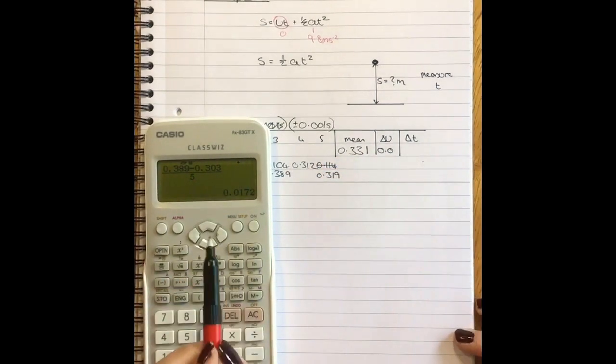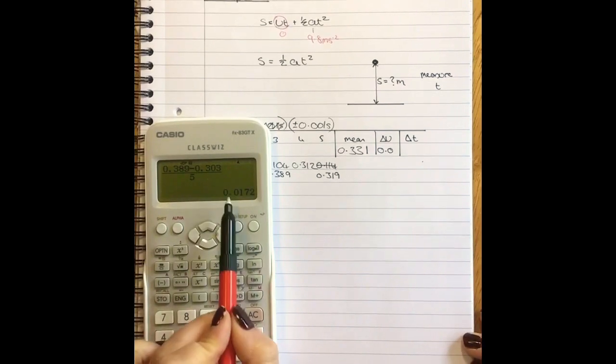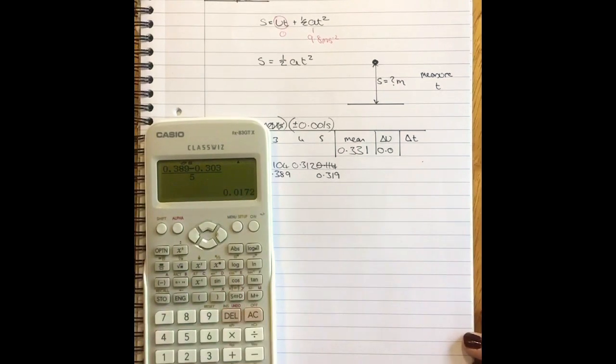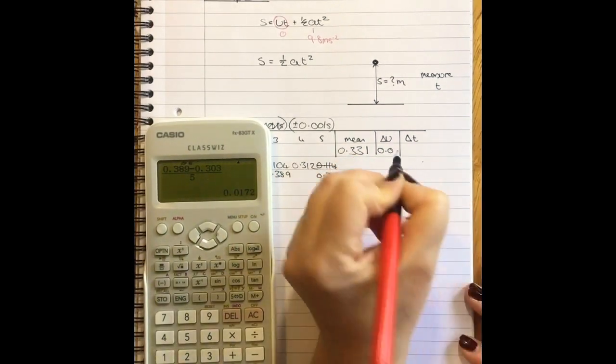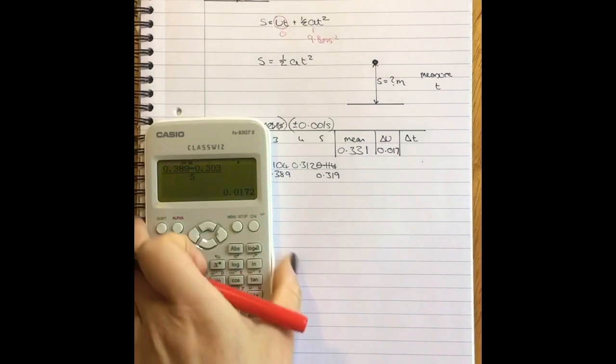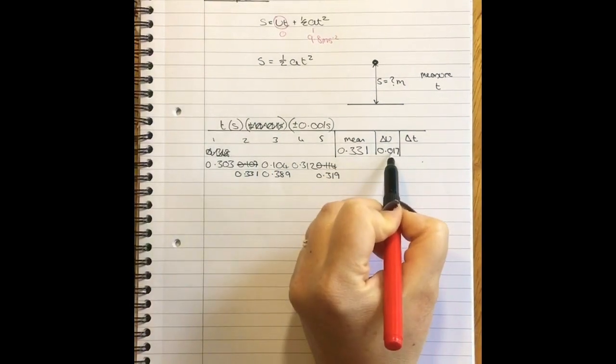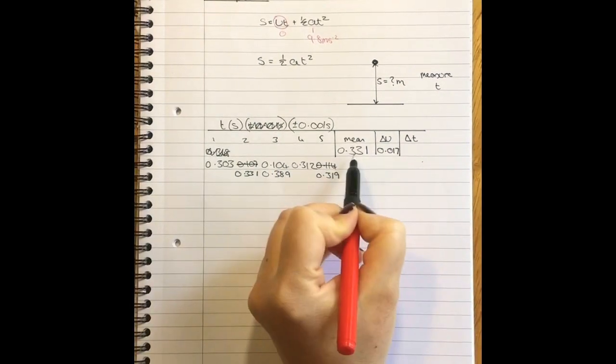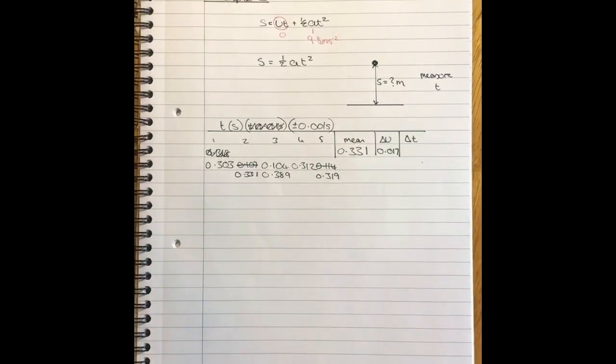Now, my first significant figure here is a 1, 0.0172. In Advanced Higher, if your first sig fig is a 1, you can take the second one as well. So here my uncertainty is 17. Okay, and that puts the decimal places of my uncertainty in line with my mean.